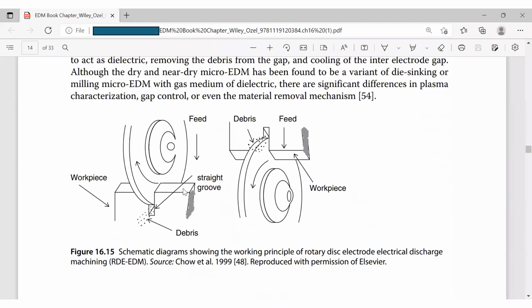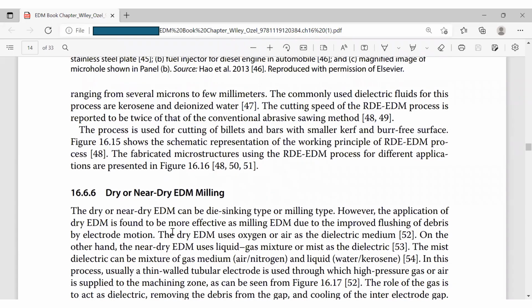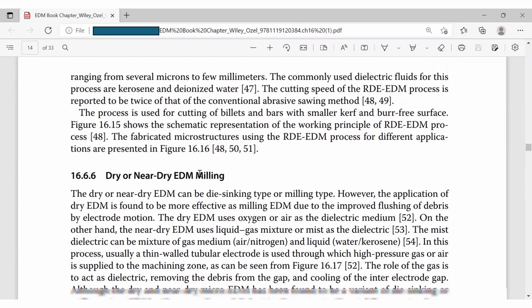So this picture shows the principle of the RDEDM process. The fabricated microstructures using this process for different applications are presented in figure 6.16.